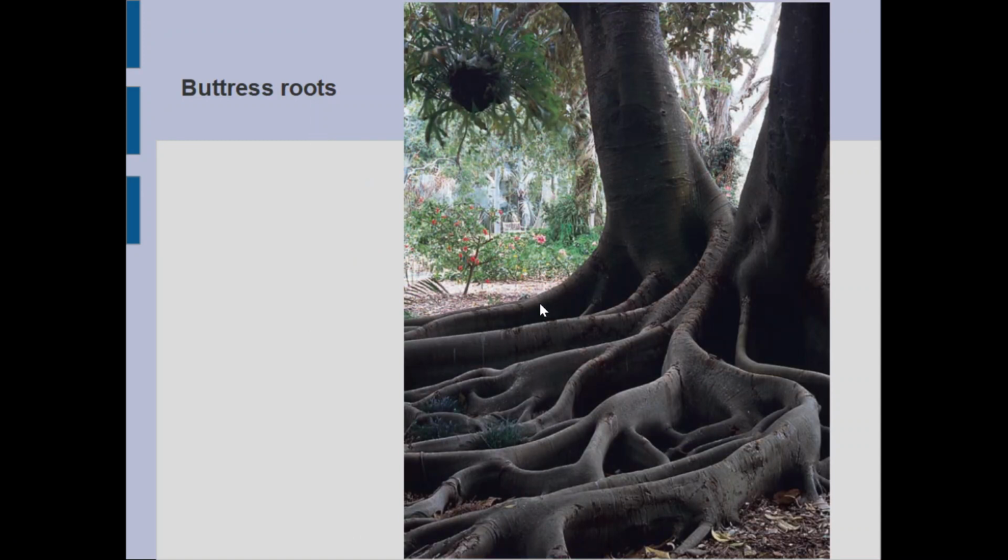So there are unusual functions for the roots, and this is roots of the mangrove trees. Mangrove trees are seen in tropical rainforests, and they have roots that support trees in the wet soil.